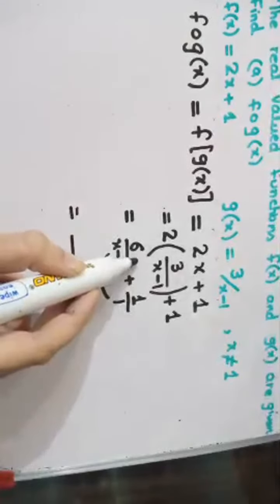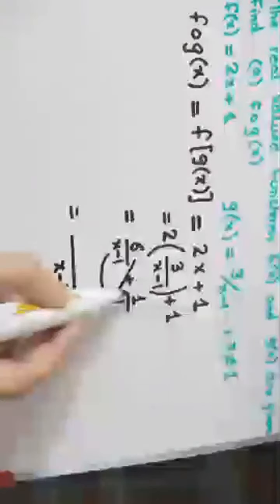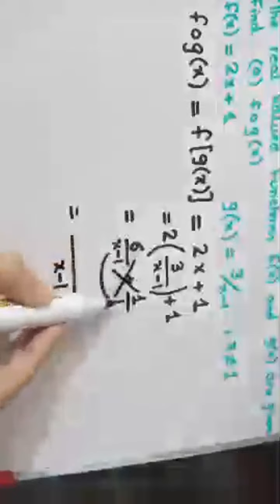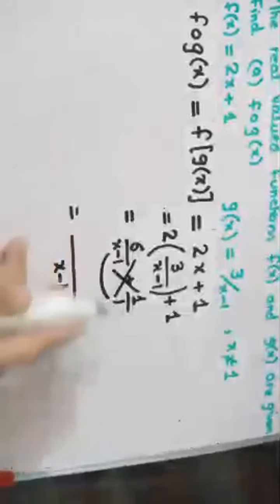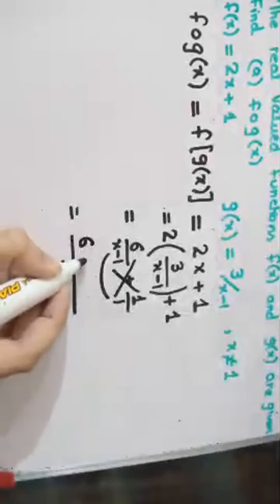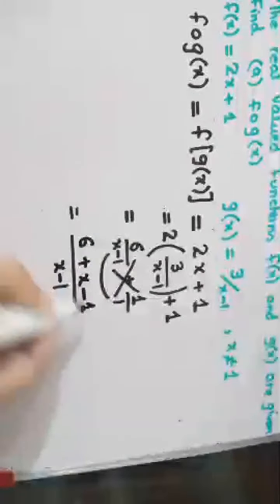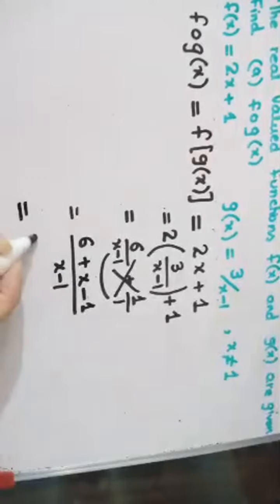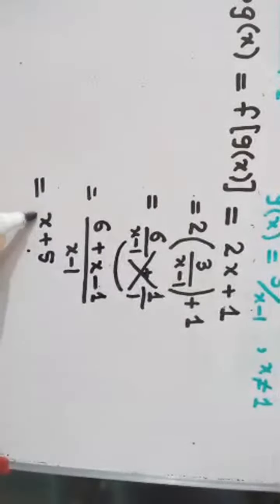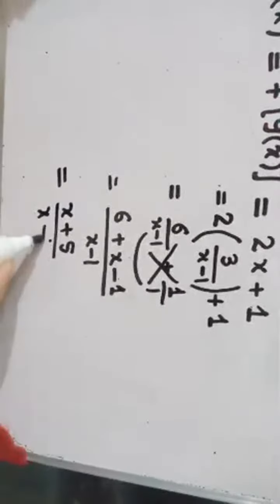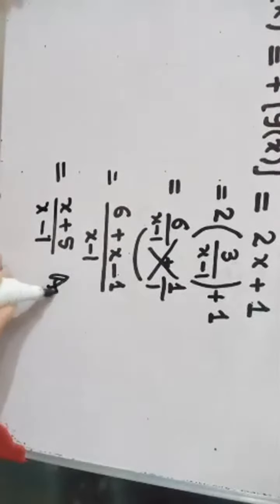Then you have to cross multiply. After cross multiplying, 6 multiplied by 1 will be 6 plus x minus 1. You will get the answer x plus 5 divided by x minus 1. This is our required answer.